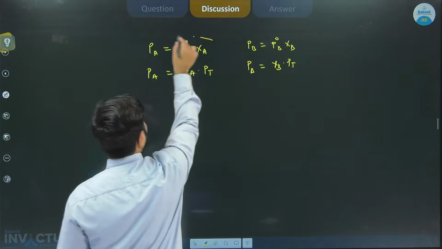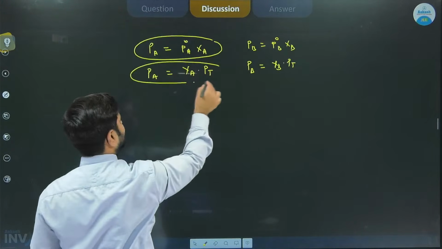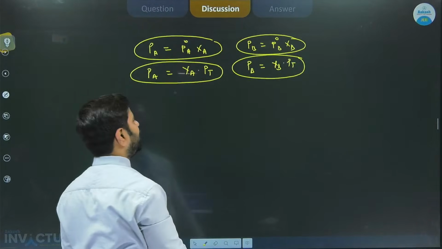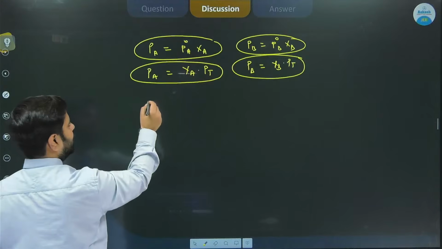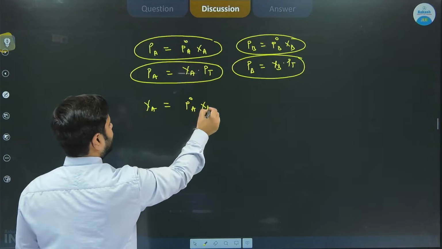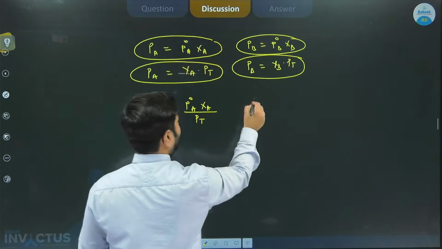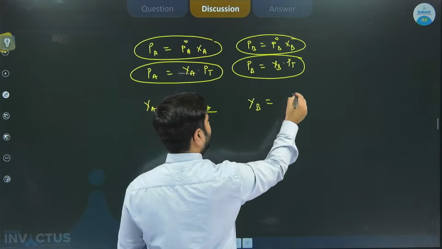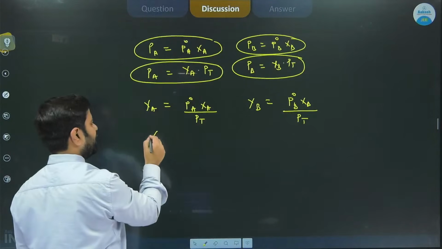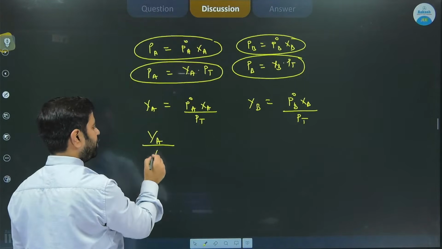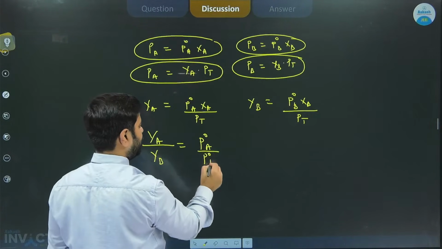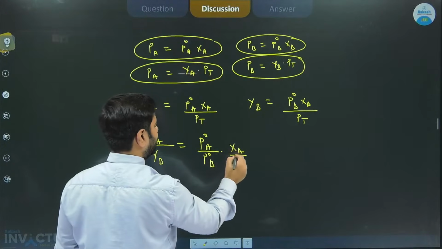So this is Raoult's and this is Dalton's. We can equate both of them. So YA we get as P naught A XA by PT, and YB is P naught B XB divided by PT. And when we take the ratio of both, YA upon YB is equal to P naught A over P naught B times XA over XB.